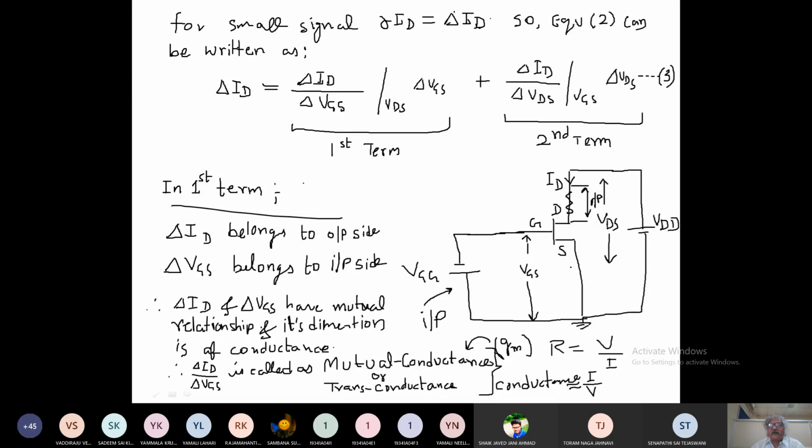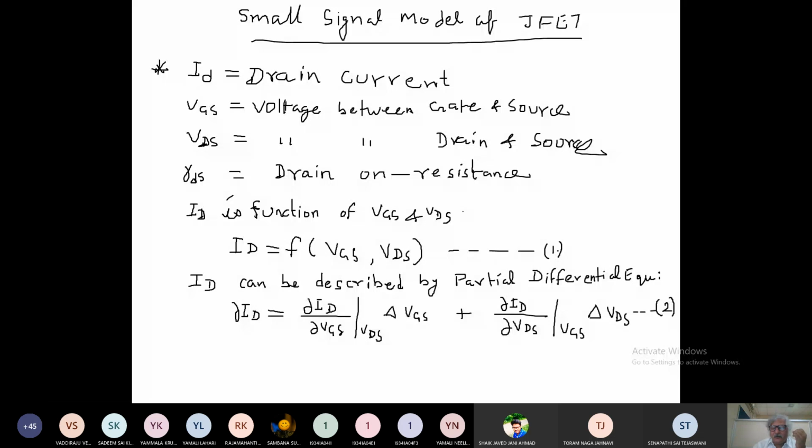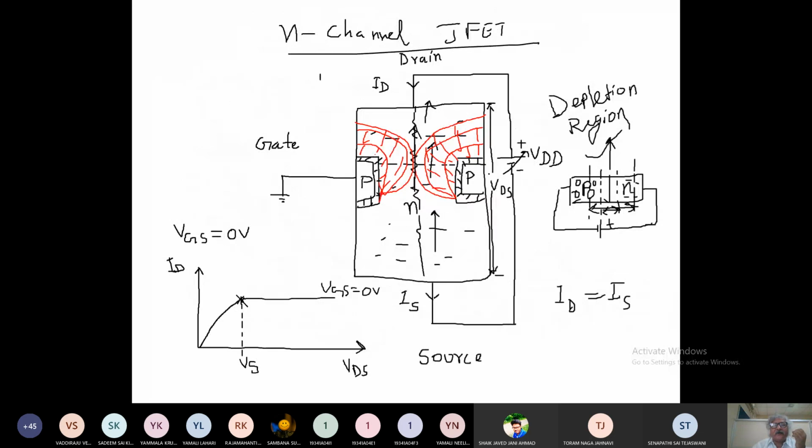When it is reverse biased, gate and source are almost isolated because there is a heavy depletion layer, so it is considered an open circuit between gate and source. That's why there is no current flow.